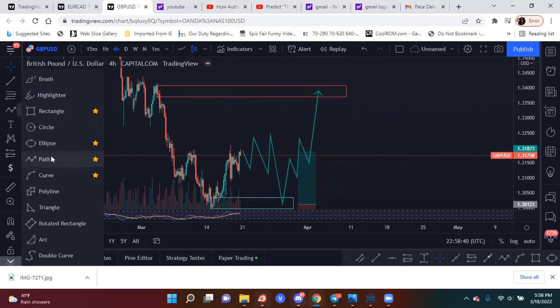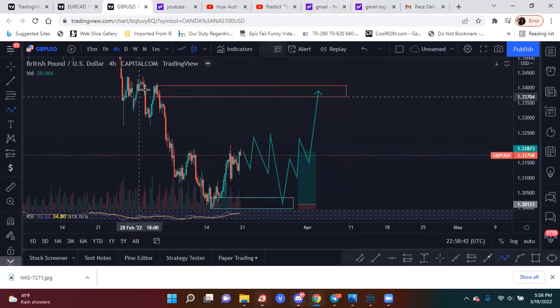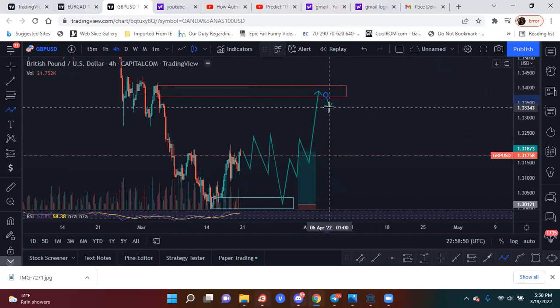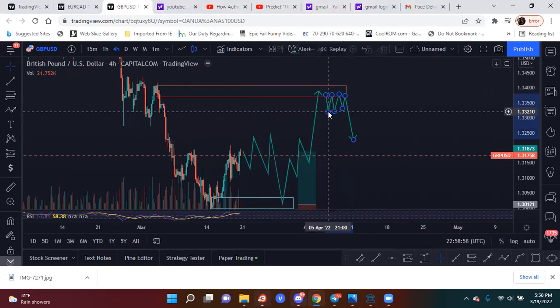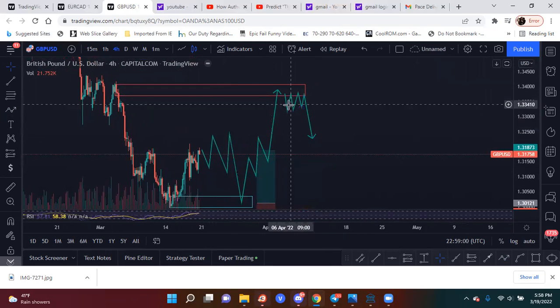And then right here, you know it's coming to the supply zone. It created this fresh supply zone. When it creates a fresh supply zone, there's a higher percentage of coming right here, rejecting a little bit, consolidating a little bit, and then crashing. The consolidation is just redistribution, the Wyckoff theory, right?